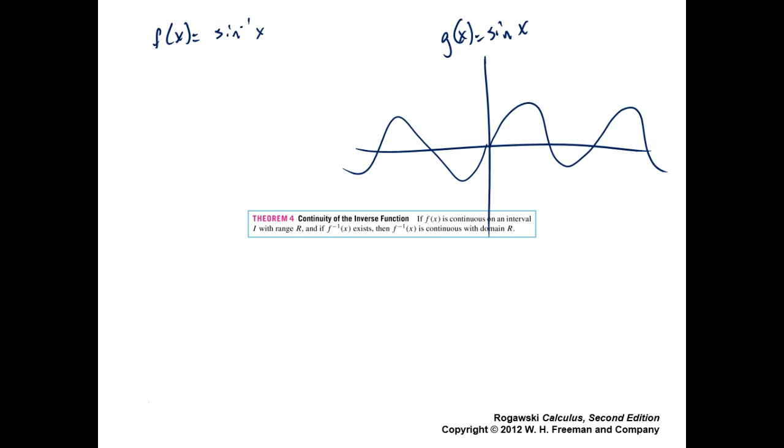Okay, from where to where? Negative pi halves to pi halves. That's where it goes from -1 to 1 and doesn't back up on itself. So on that domain, g of x does have an inverse, and that inverse could be the inverse sine of x. So what is that going to look like?